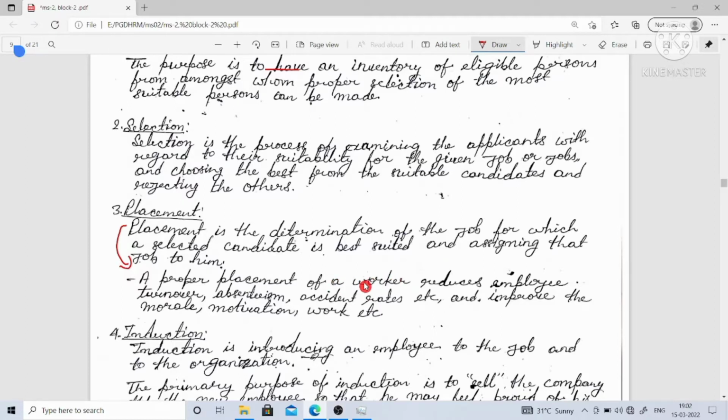It also improves morale, motivation, and work, etc. So placement is about fitting the people with the job, meaning the right kind of people with the right kind of job. So that proper fitting is done in the placement.